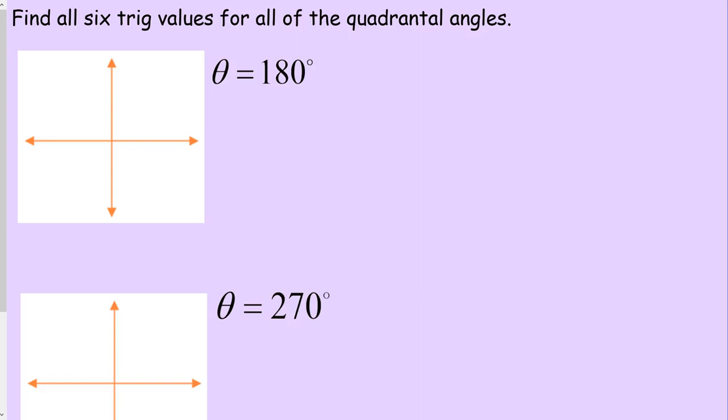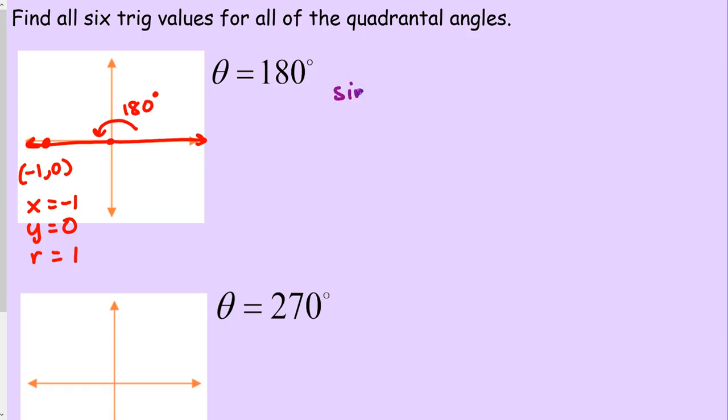Okay, let's move on to 180 degrees. So here's my initial side, here's my terminal side, here's my 180 degrees. So let's take a point on the terminal side. Let's take the point -1, 0. So x is -1, y is 0, and r is 1. So the sine of 180 degrees, y over r, 0 over 1 is 0. Cosecant of 180 degrees, the reciprocal, undefined.